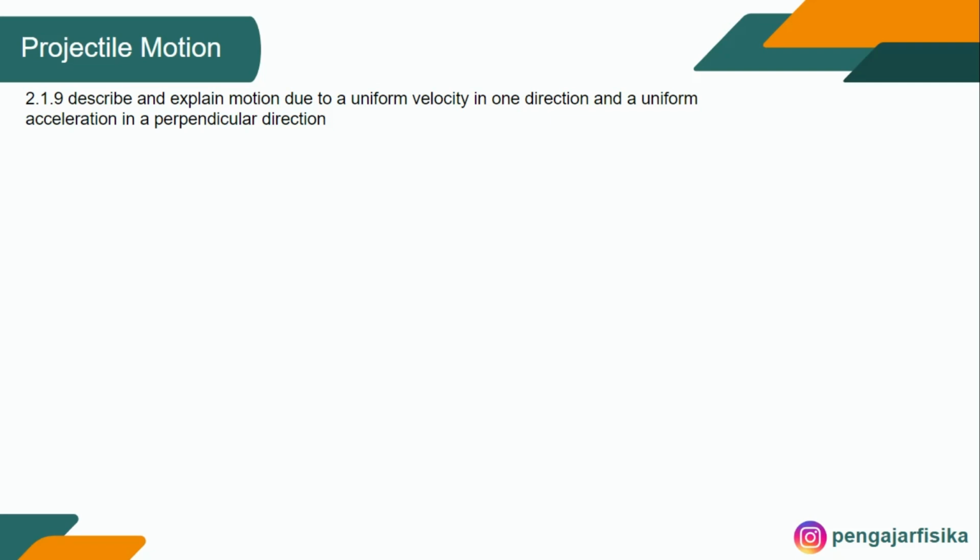First, how to find the time taken to reach the maximum height. So here we have an object with the initial velocity in this direction. It makes an angle of theta to the horizontal.